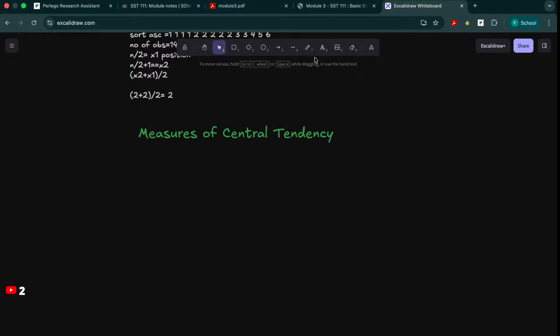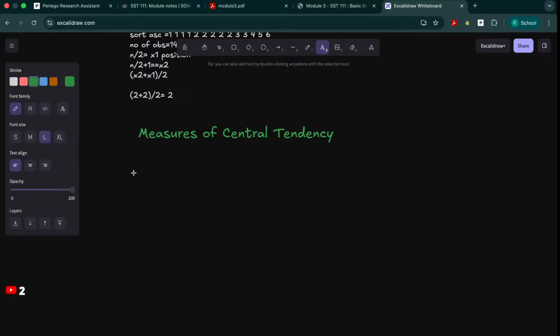Measures of dispersion. The first one is range. Range is so simple: you sort the data. Let's write it for ungrouped data first. Ungrouped data you can just call raw data, like 1, 2, 3, 4, 5.